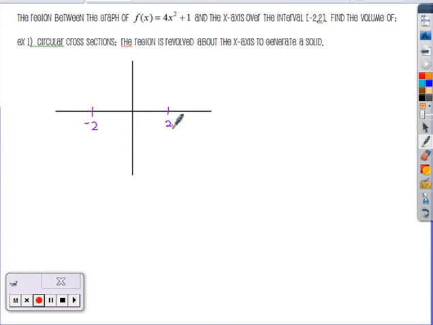If I want a pretty accurate graph, we're going to substitute in the values, and you get 17 for both -2 and +2. It's not going to be the best looking graph. It's not going to be the prettiest thing, but there you go. All right, so we're going to actually revolve this around the x-axis. So I'm going to show you the easiest way to figure out what it looks like.